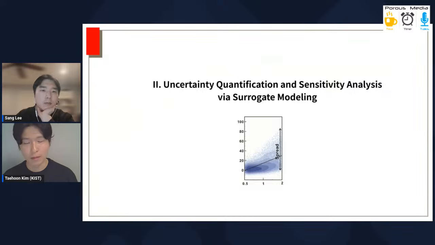To properly handle this, we need a probabilistic approach: not a single prediction, but thousands of scenarios to cover the full range of possibility. So in part two, I will show you how we developed the surrogate model to make this probabilistic prediction much more efficiently. And we do sensitivity analysis to figure out which parameters drive the DNAPL risk the most.